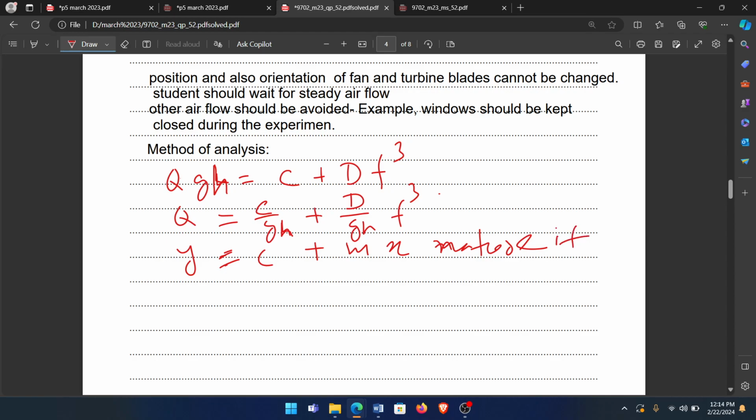If Q against F Q graph is plotted, okay, what will be the nature of the graph?